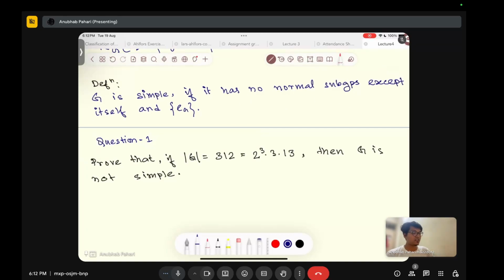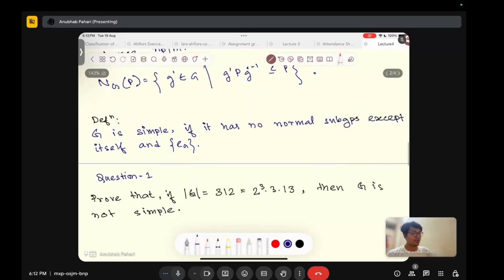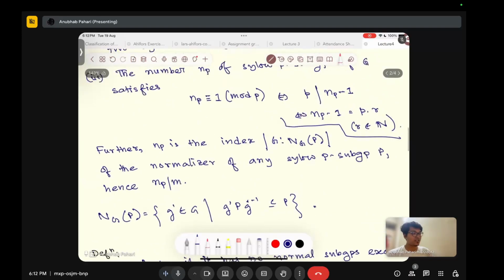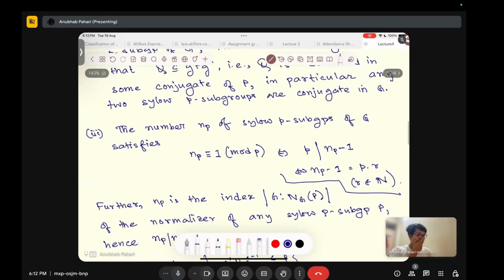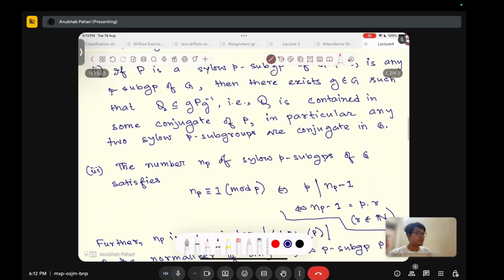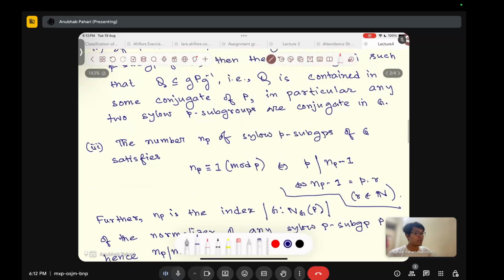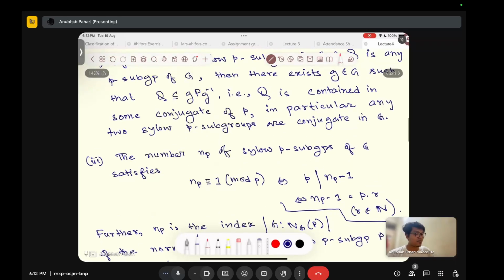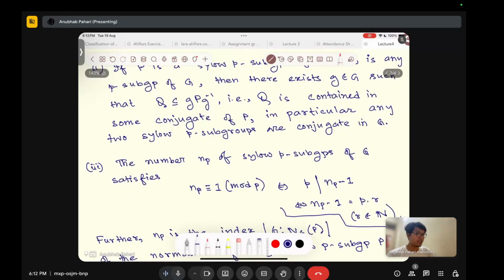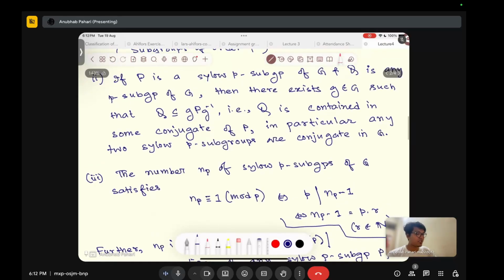That it has a normal subgroup, and one way to show this is that the Silo p subgroup is unique, or the number of Silo p subgroups is 1. Why? Because then it would imply that it is normal, because you know that all the Silo p subgroups are conjugate to each other.